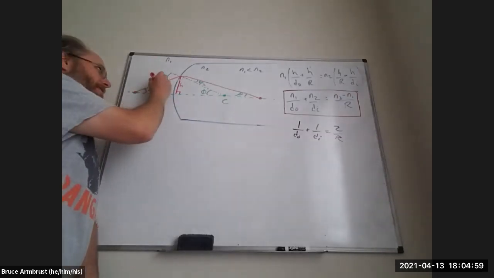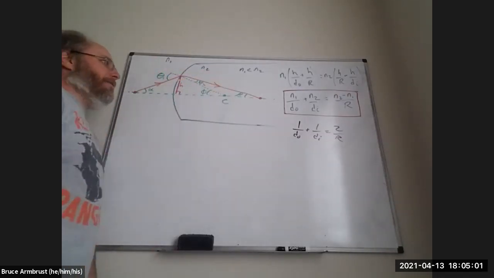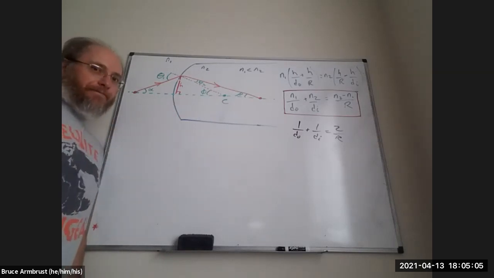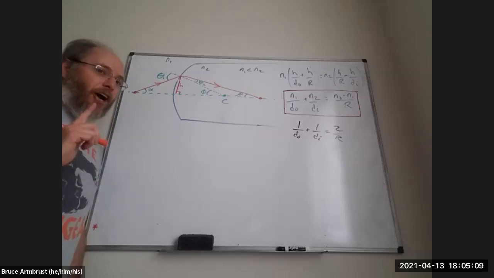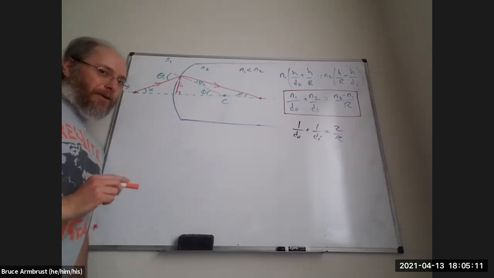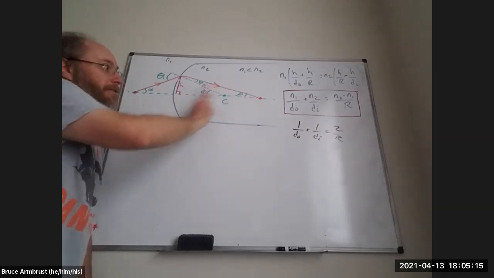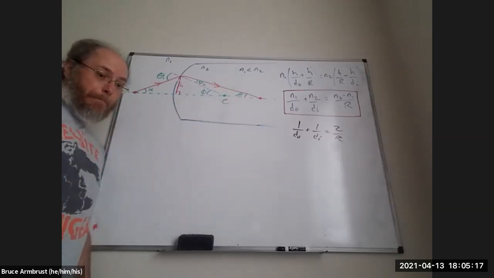It's real. It is real, because this orange thing is the light ray that went through that point. So unlike with the mirror, the fact that this image is on the other side of the surface keeps it real, actually.